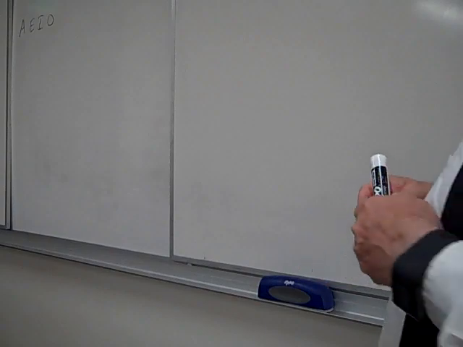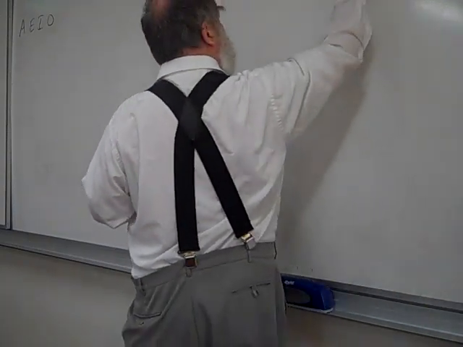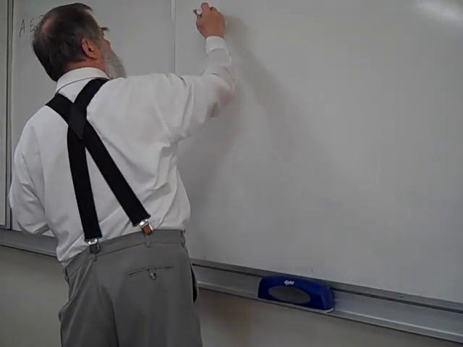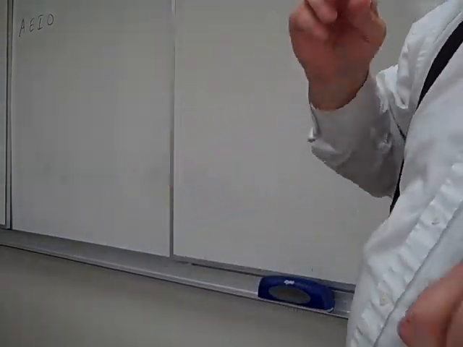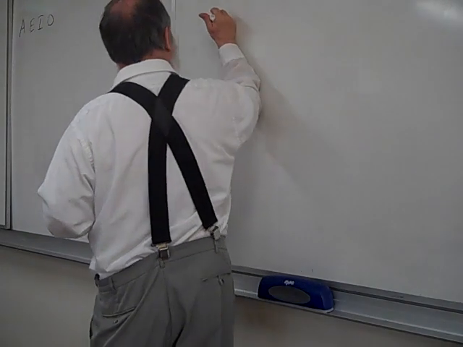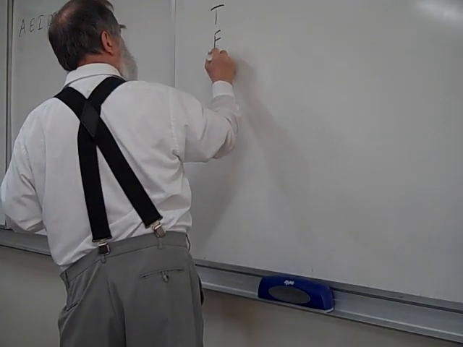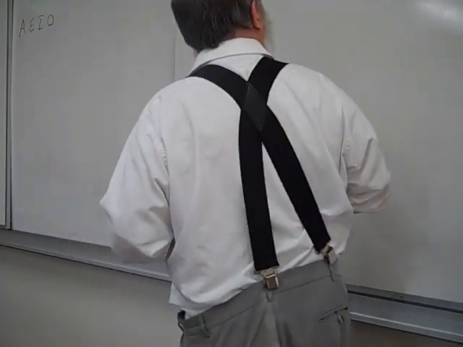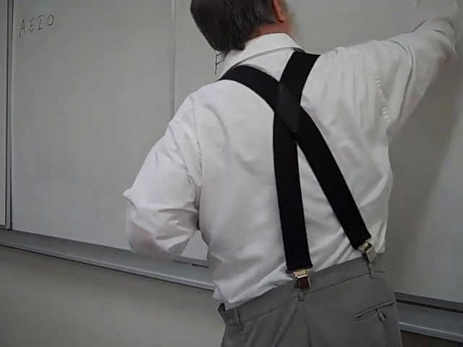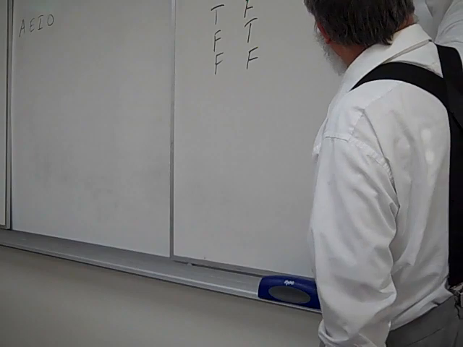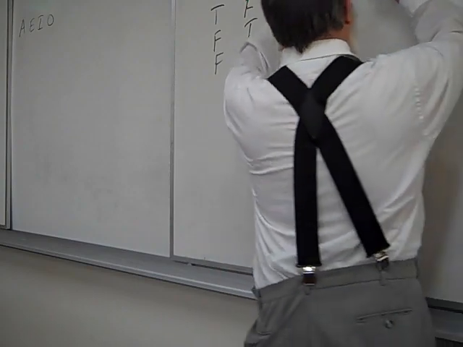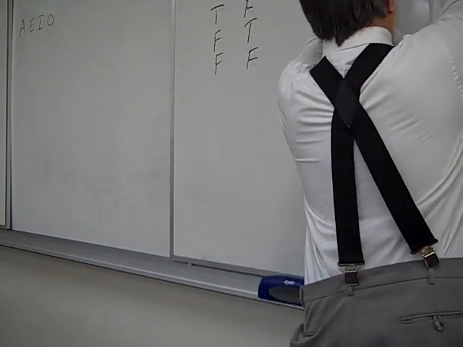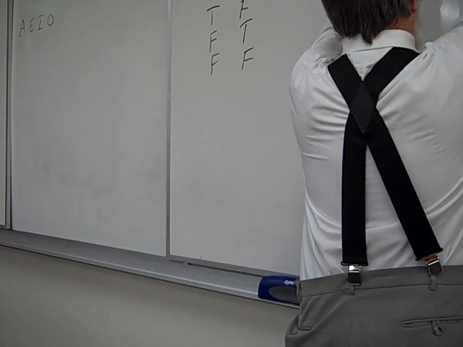So how do I figure out what the truth value of this is? So which way does he line these up? True, true. So my main operator is here, because it's saying all of this or this.